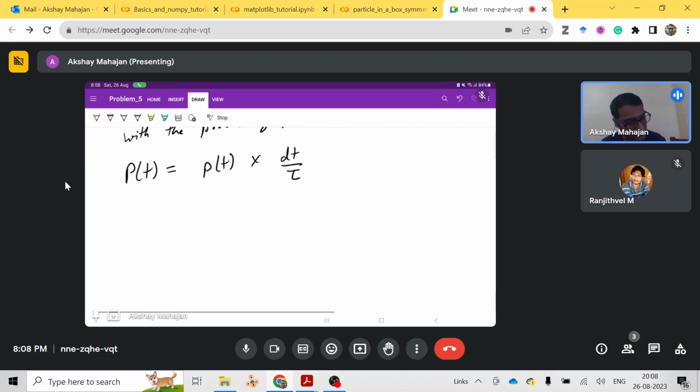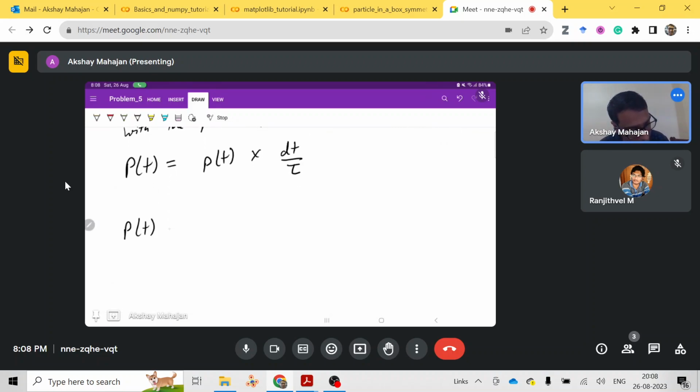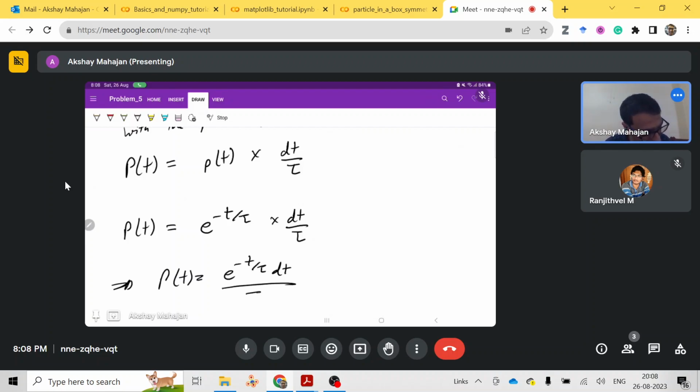So that will be equal to e to the power minus t by tau, this small p of t that we have calculated, times dt by tau. So here we have obtained our result.